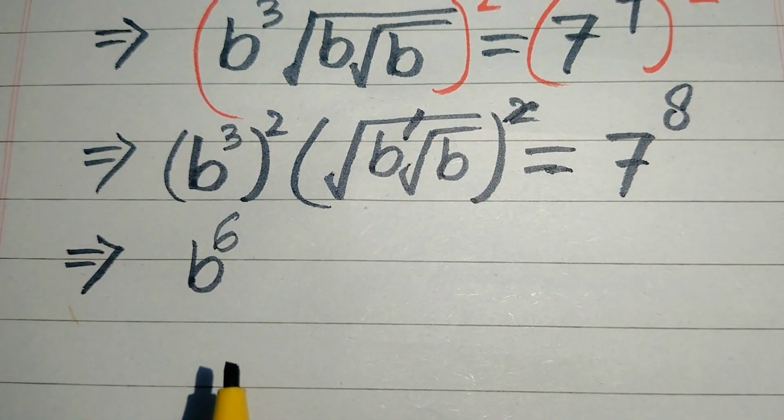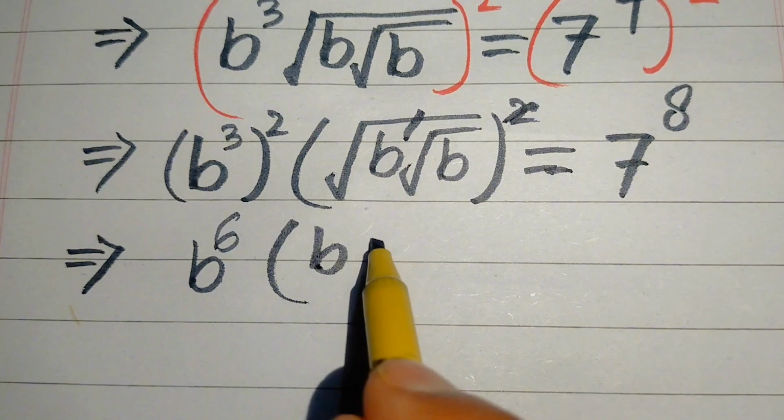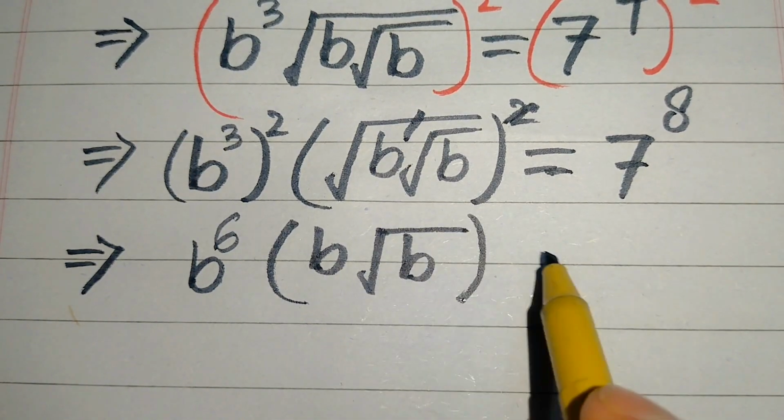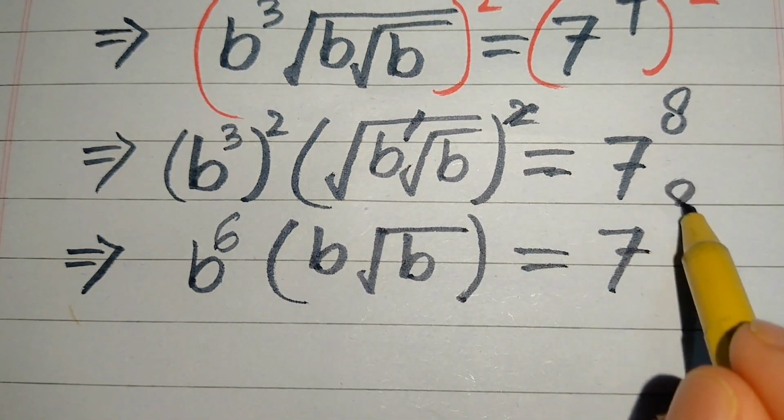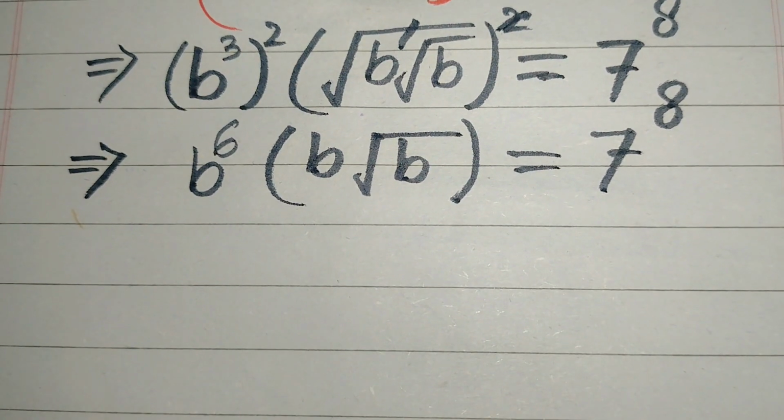This 2 and this square root are cancelled out by each other, and we get the remaining value: b times the square root of b, and this is equal to 7 to the power of 8.